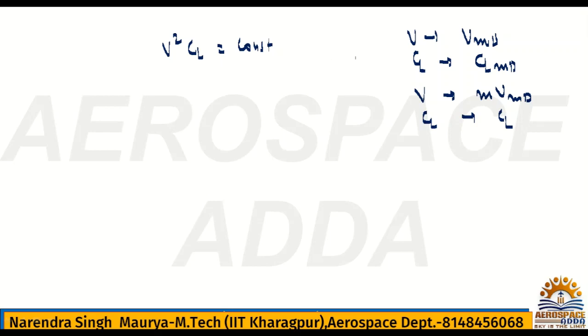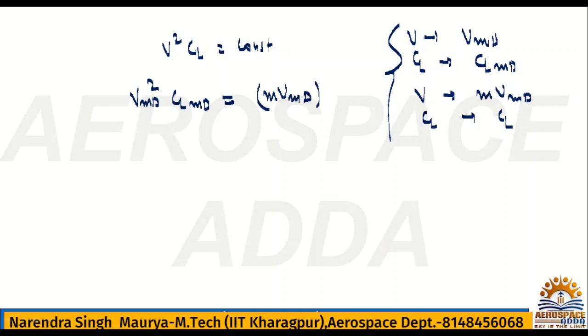Now you put these assumptions here. VMD square CLMD is equal to, because it is constant, m times VMD square into CL. Simple mathematics you can perform here.